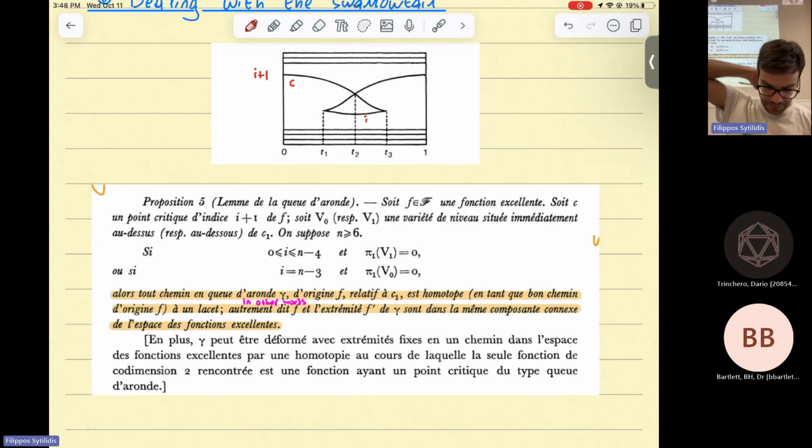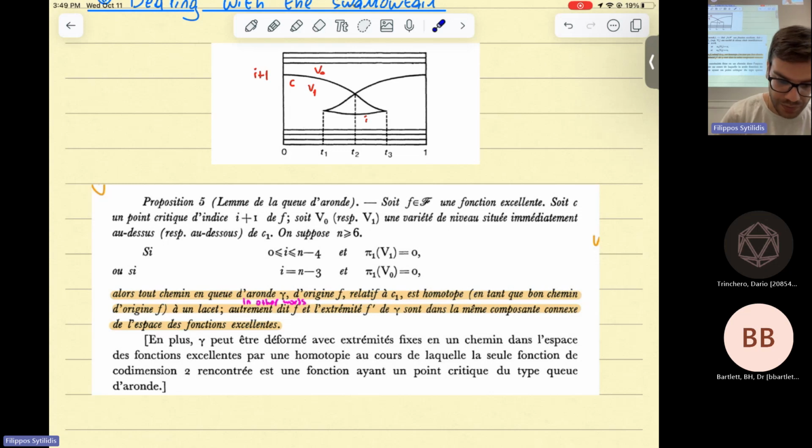and that's of index I. So I have V0 and V1. V0 is the level set above the critical point of index I plus 1, and V1 is the level set below it.